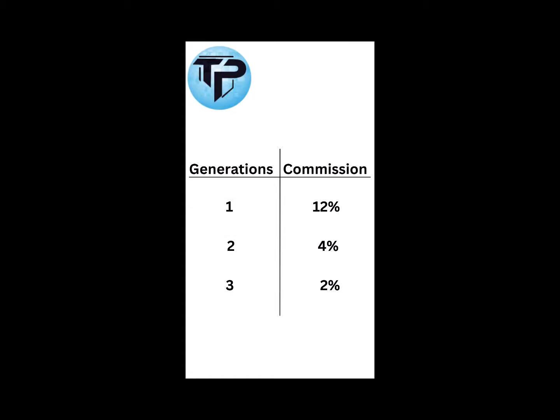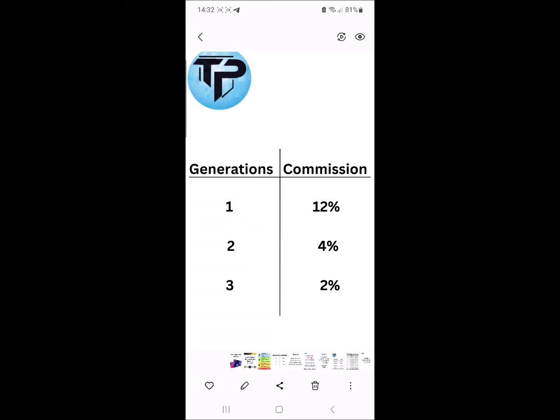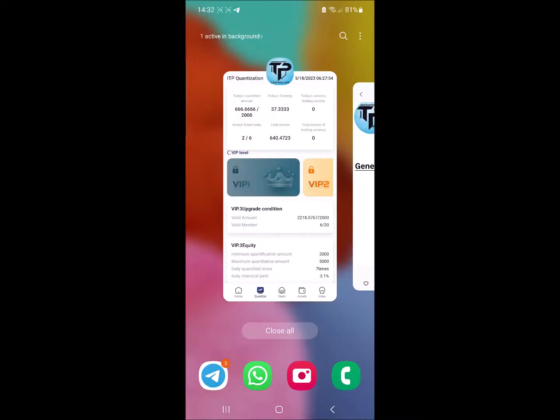Again, as their money accumulates, your bonus goes up for that as well. Okay, your commission goes up. And again, on level 2, they introduce other people, you get 4% of those people introduced, and so on. Level 3, you get 2% of the people introduced down there. Okay, right, I'm just going to go back to the app for a second.